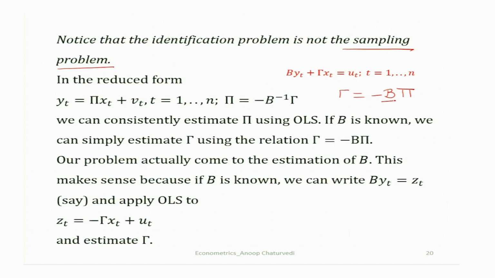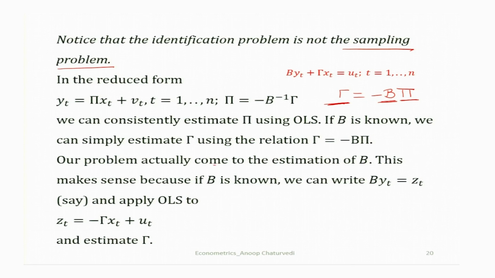So, if b is known, then there is no problem. You can simply estimate gamma. You have the estimates of pi's, the reduced form coefficients, and then you can easily find the estimates of gamma using this relation.